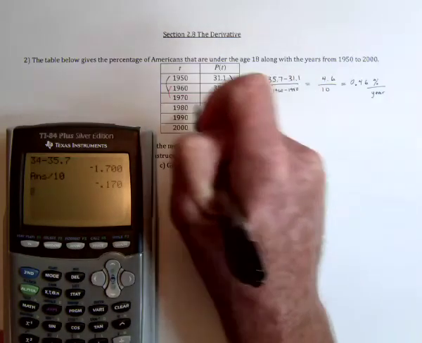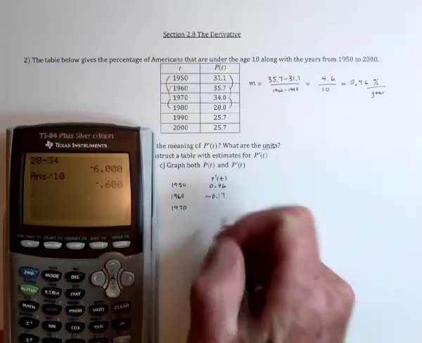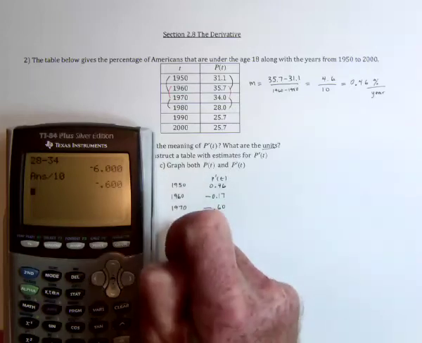So that would be these two from the 70s to the 80s. So 28 minus 34, and then divide that by 10. So then it dropped by 0.6% per year.